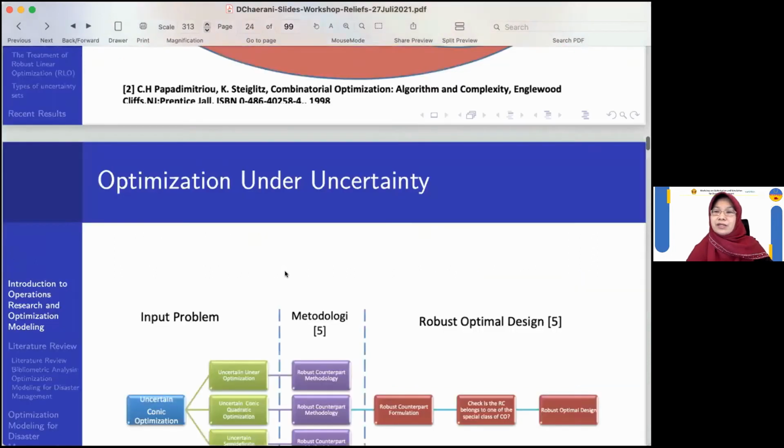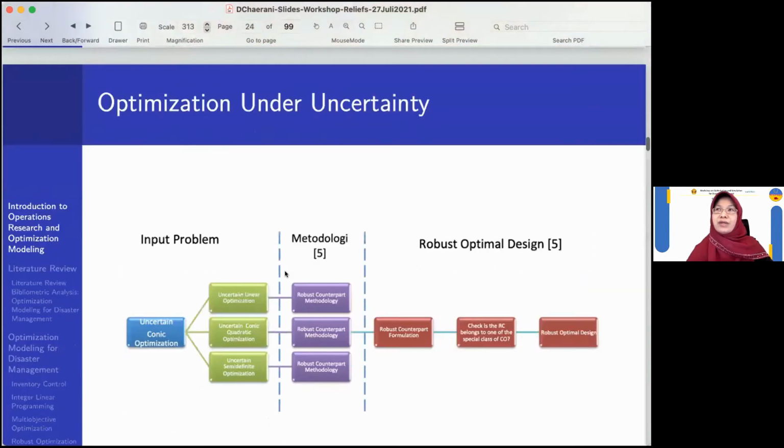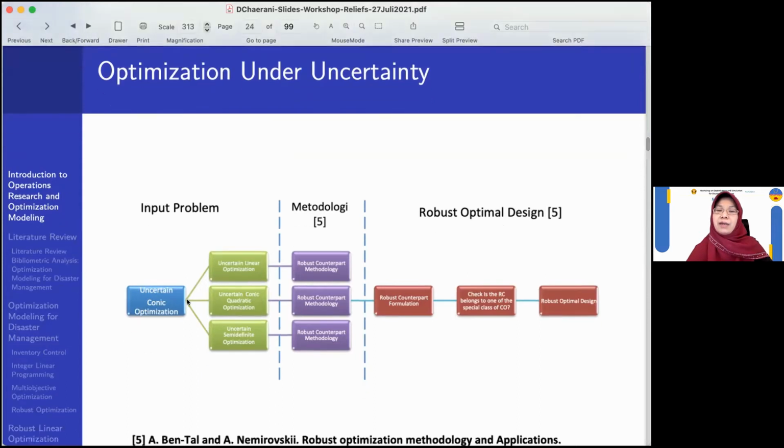And then, ladies and gentlemen, as for the science development, it started in the 1980s, 1984. There is a branch of science we call optimization under uncertainty, like what you saw earlier. In the input problem, there is an uncertain conic.